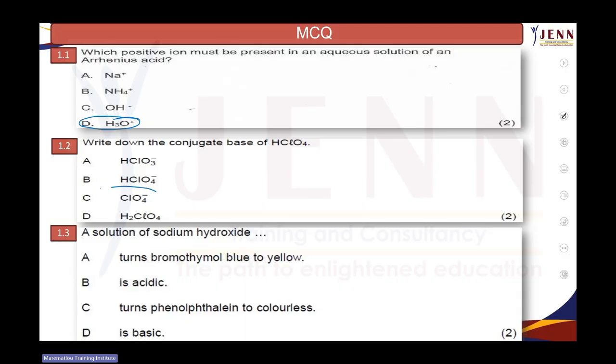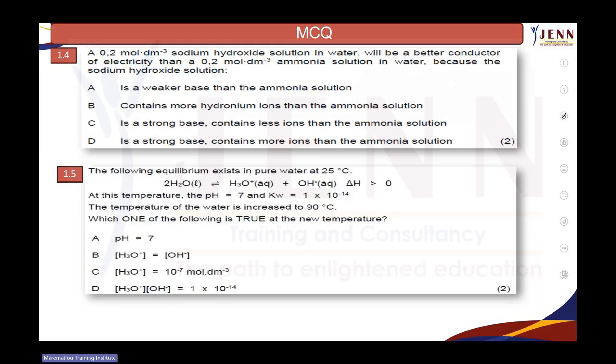A solution of sodium hydroxide, we did answer this one as well. We said the conjugate base is C, and then this solution would be basic. Okay, let's move. A 0.2 moles per decimeter cubed solution of sodium hydroxide in water will be a better conductor of electricity than a 0.2 mole per decimeter cubed ammonia solution in water, because... Now, remember, I did say conductivity is based on strength.